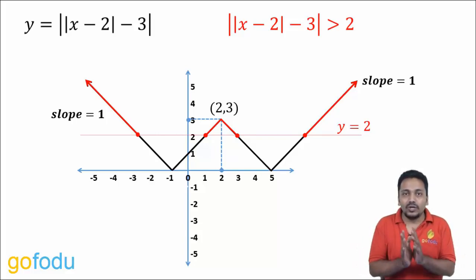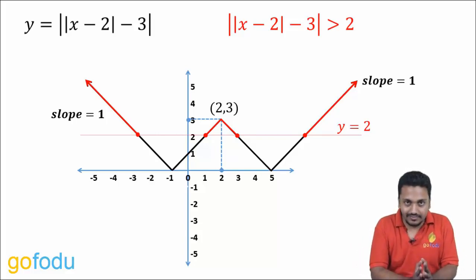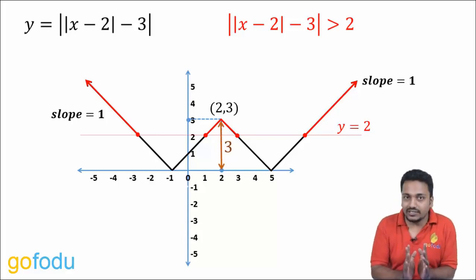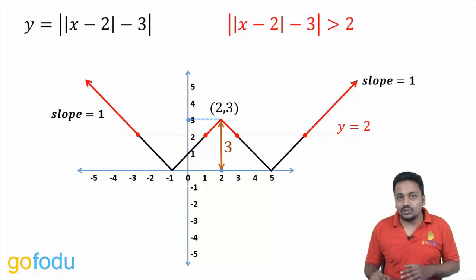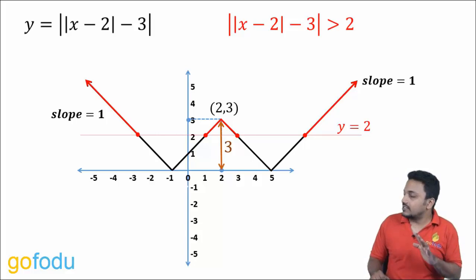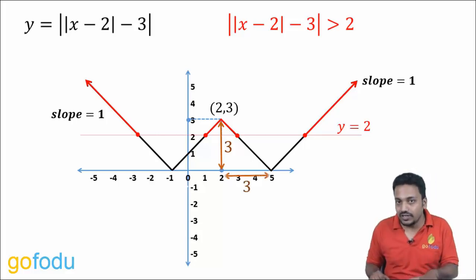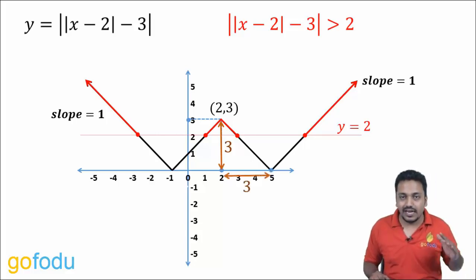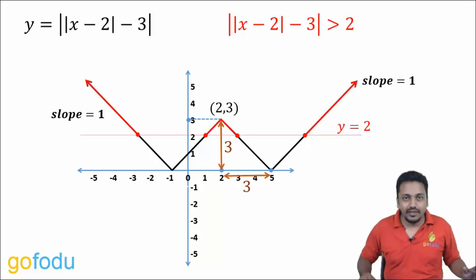Till now we only know 2 comma 3. Now this height is 3 units. So on the x-axis also, this point of intersection will be nothing but 3 units towards the right of 2, that is 5, and 3 units towards the left of 2, that will be minus 1.